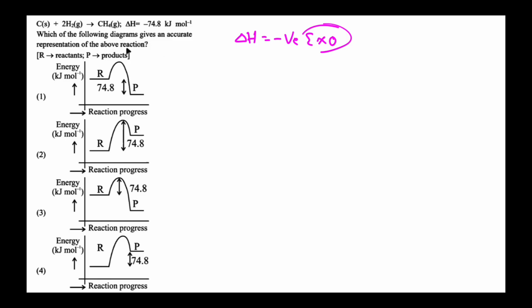So here the products must be 74.8 kilojoules per mole below the reactants. So the products must lie 74.8 kilojoules per mole below in energy. This axis is energy, and this is reaction progress.